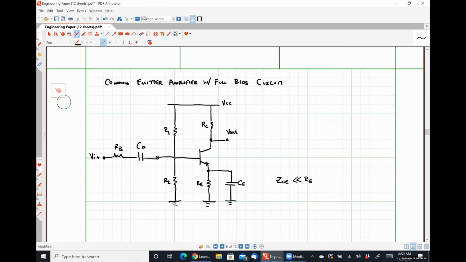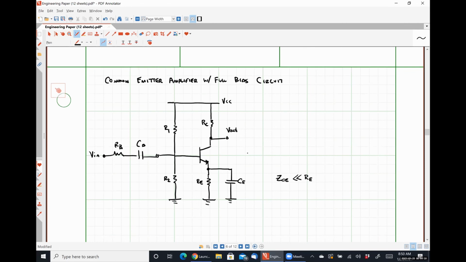Now, if we load this guy, we want to put some load on it. We'll also put a load capacitance. Here's our load resistance, so this might represent a loudspeaker.